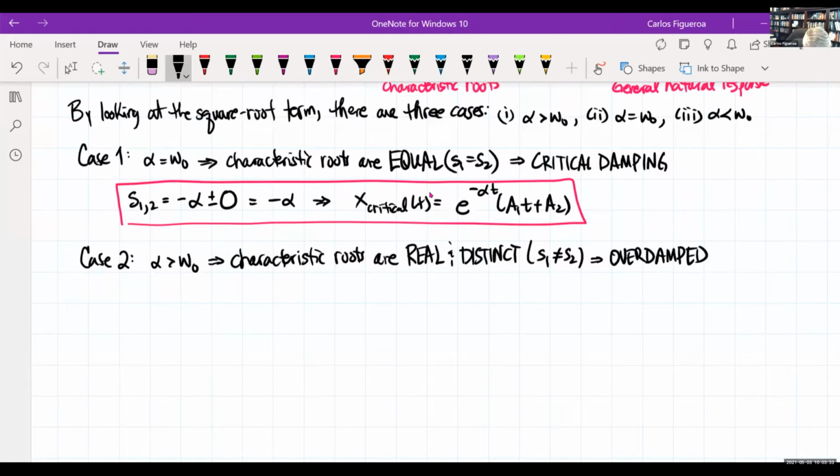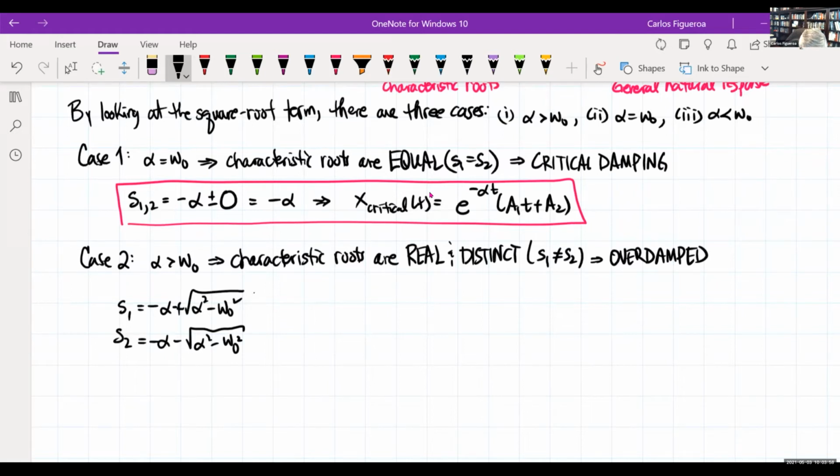So in other words, S1, in this case, will then be minus alpha plus the square root of alpha squared minus omega naught squared. And then I'm going to have S2, which will be minus alpha with the minus sign this time, minus the radical.